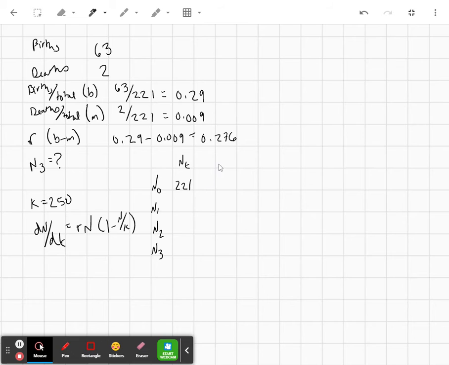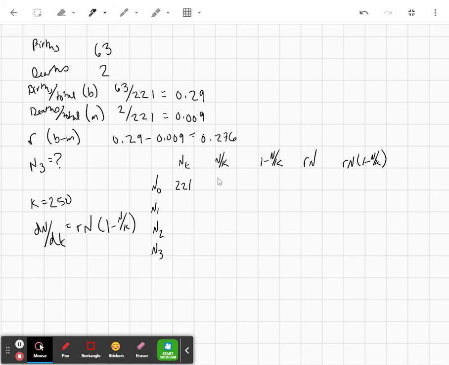And I'm going to figure this out by first doing N divided by K, and then I'll take the 1 minus N over K, then my r times N, and then finally, all together for dN/dt, rN times 1 minus N over K.